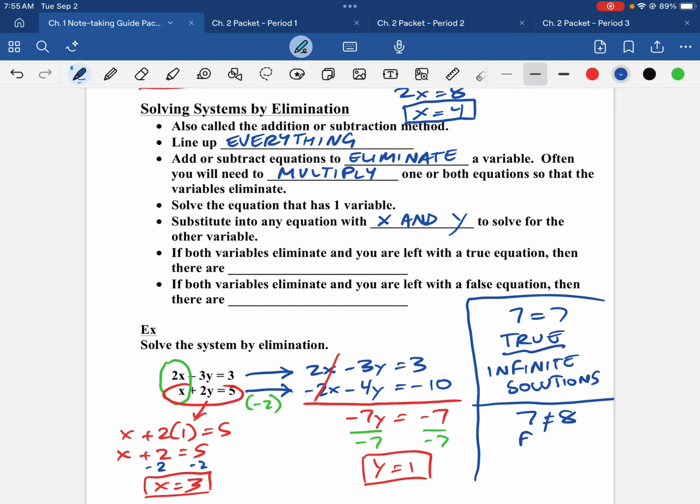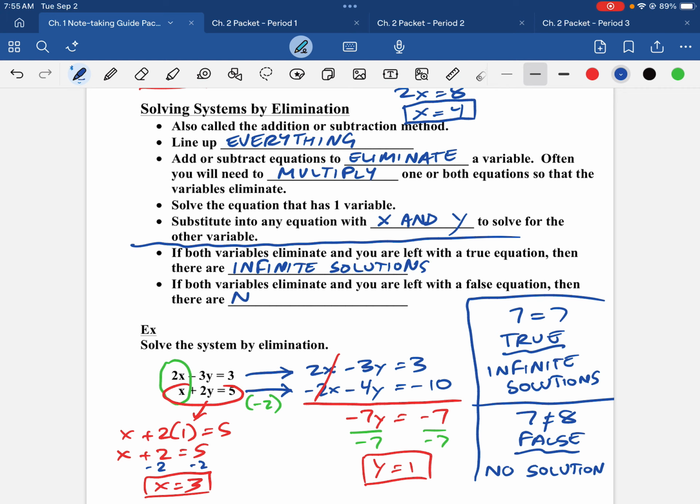That's false. And if you have a false statement like that, that means you have no solution. So those would be the special circumstances, okay? And that's what these last two bullet points are about. If both variables eliminate and you're left with a true equation, then there are infinite solutions, and no solution if it's a false equation.